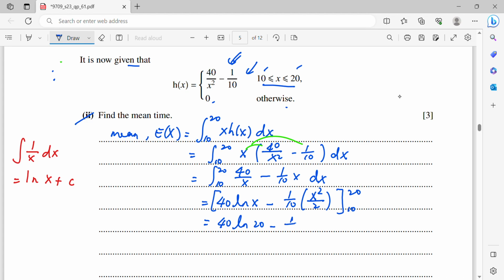So I will get 1 over 20, then the x replaced by 20, so I will get 20 squared, minus, when the x is replaced by 10, I will get 40 ln 10 minus 1 over 20 times 10 squared. Right? So when you simplify all these terms, it will be 12.7. So that's the mean time.